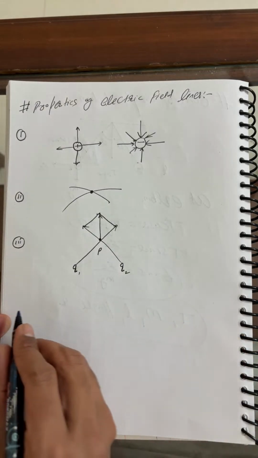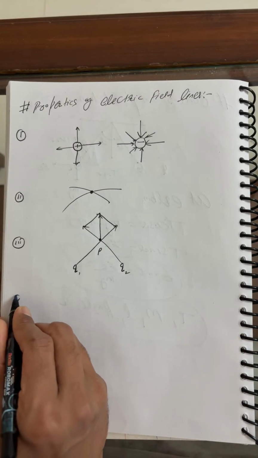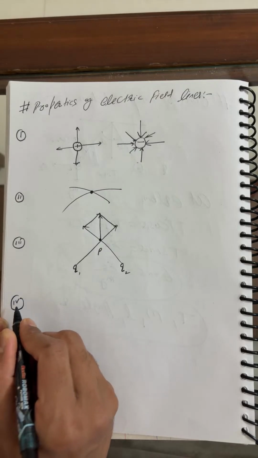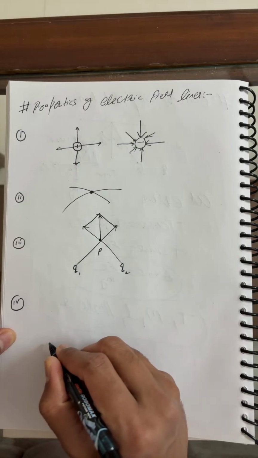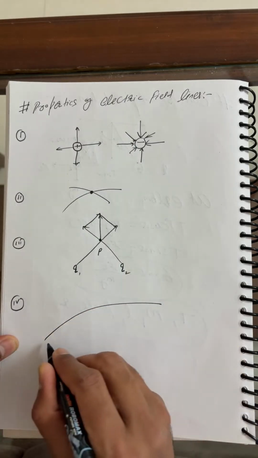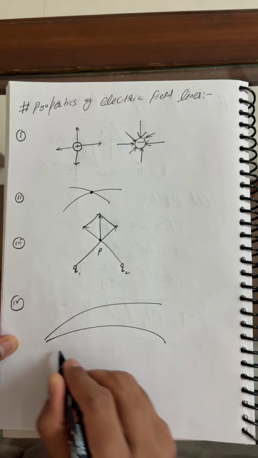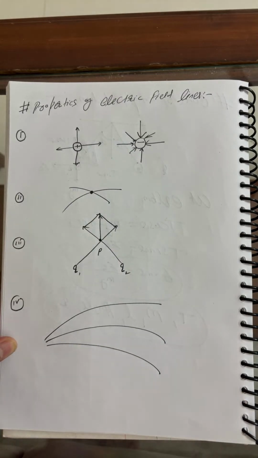Now, property number four: if electric field line density is more, then the electric field intensity is more, or vice versa.